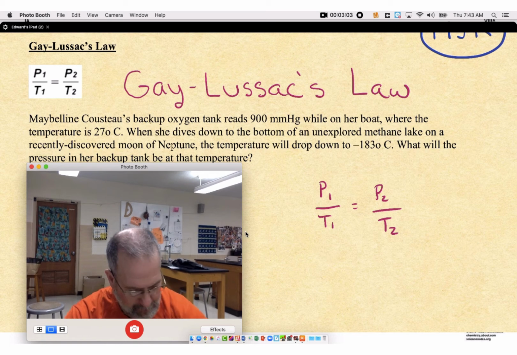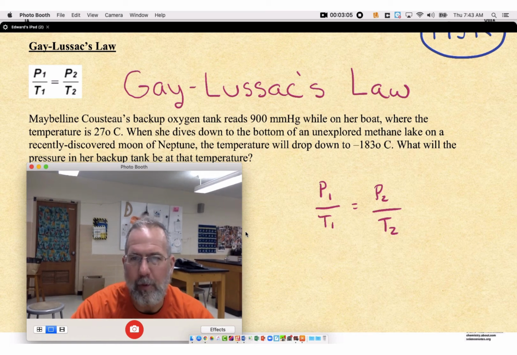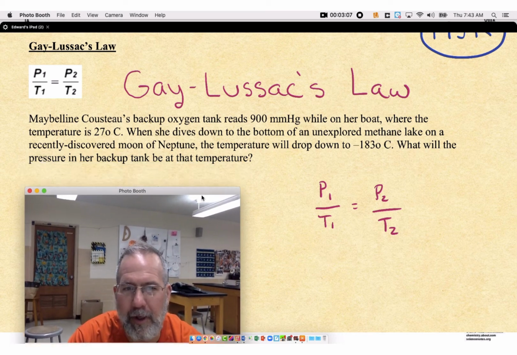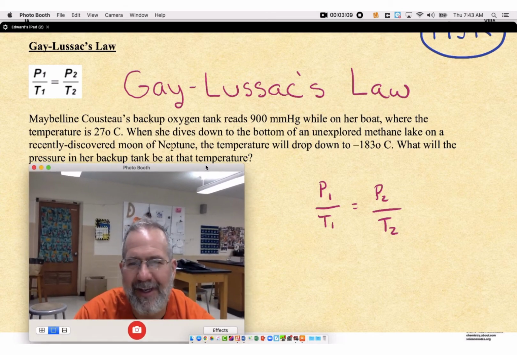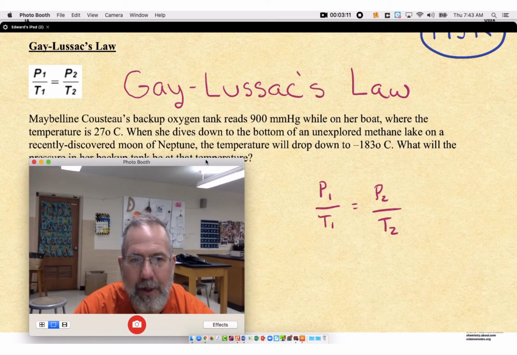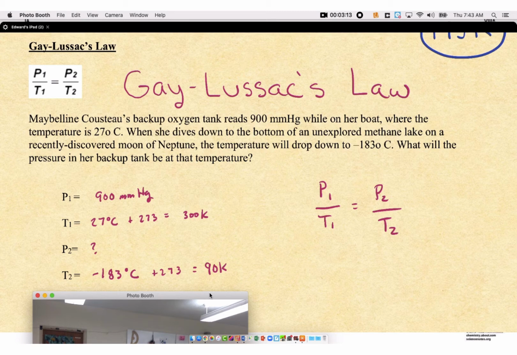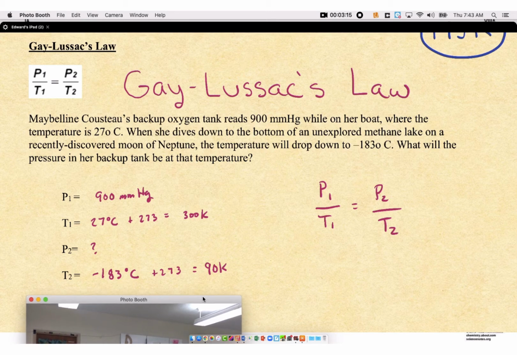We're solving for P2, right? So solving for P2, we have to get P2 by itself. So let's lasso that T2 and move it up to the top. We're just cross multiplying. You can throw a 1 down here if you want. Now we just have to sub in our numbers in the correct spots.